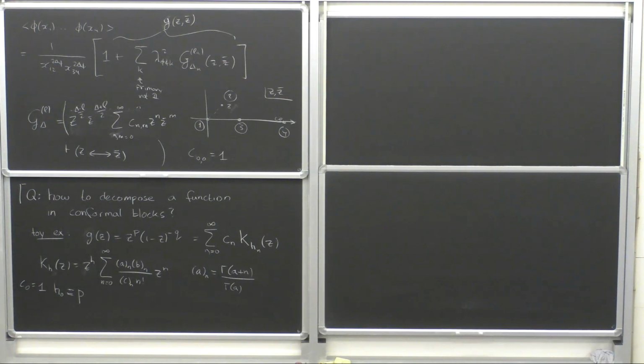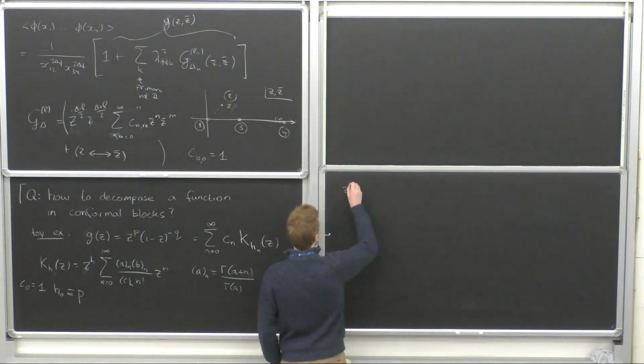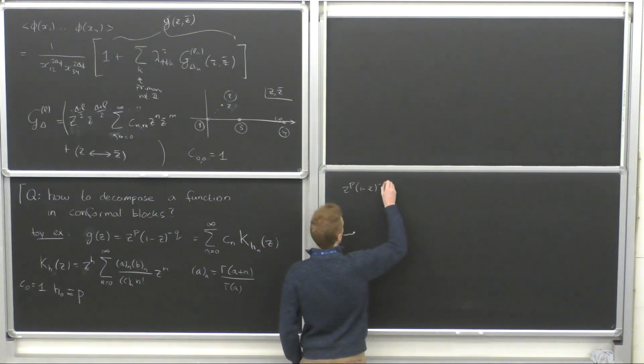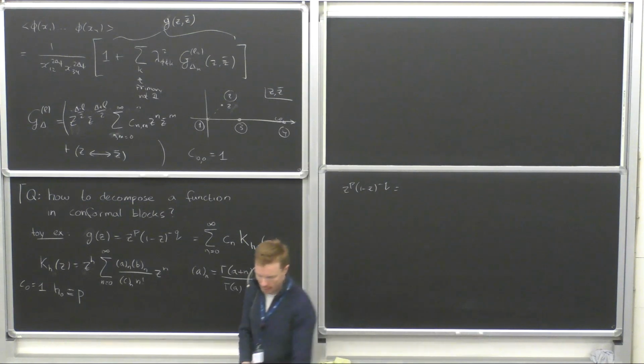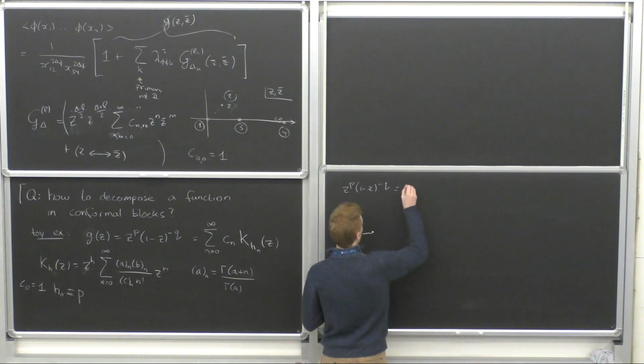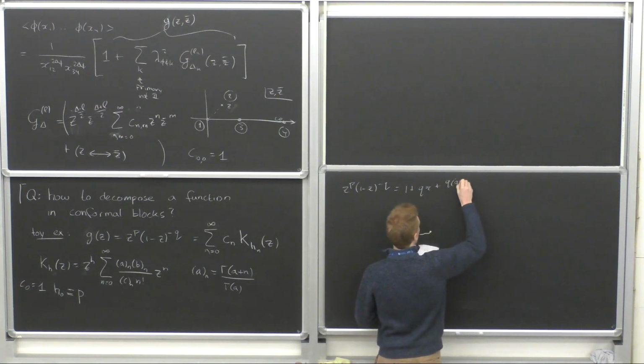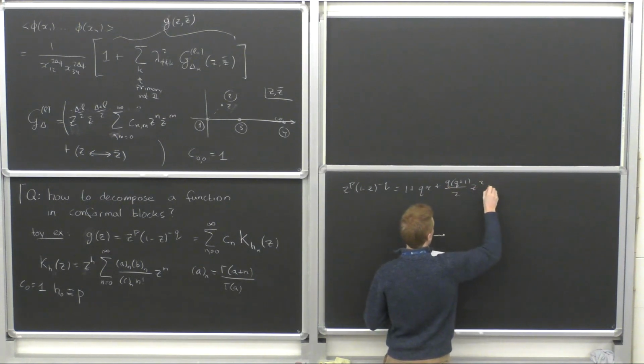And then you just work a little bit, because at order z you will find that you'll have z to the minus q. It's not entirely obvious, because this is like 1 plus qz plus q times q plus 1 over 2 z squared plus dot dot dot.